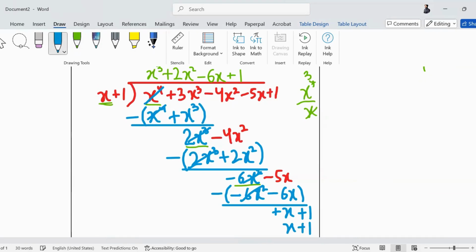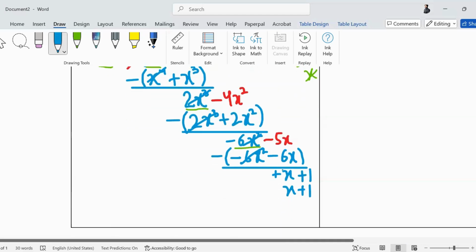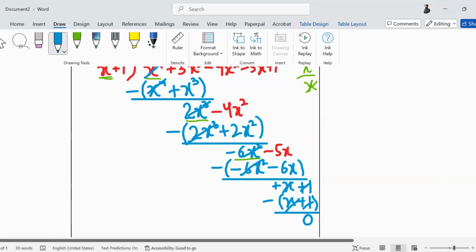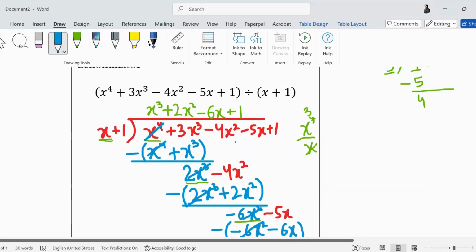Will I be left with any remainder? I'll subtract it. Very good. This will be cancelled out. And 0 will be my remainder. So another thing I can say after looking at the remainder is that x plus 1 is a factor of the polynomial.